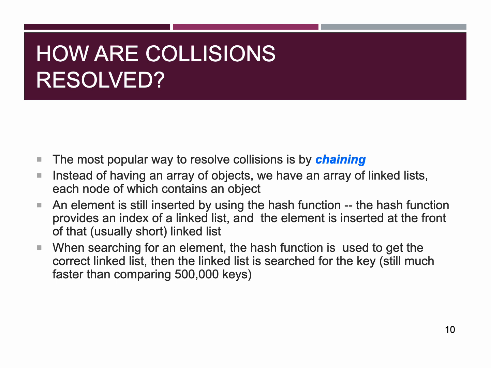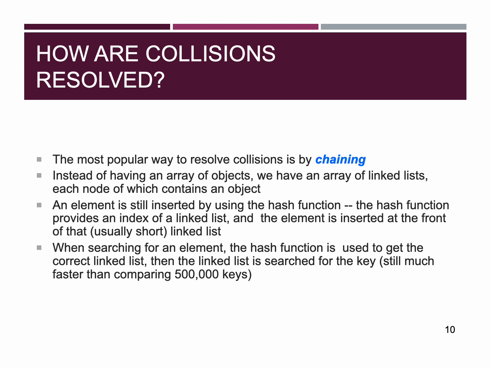To insert an element, we use the hash function to find the index, and then we insert the object into the linked list at that position. Typically, these linked lists are quite short, so even if a collision occurs, the search time within the linked list is relatively quick.